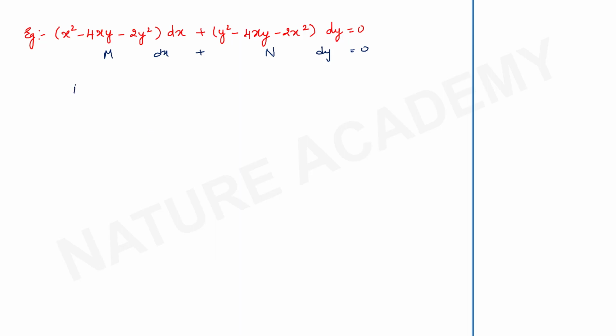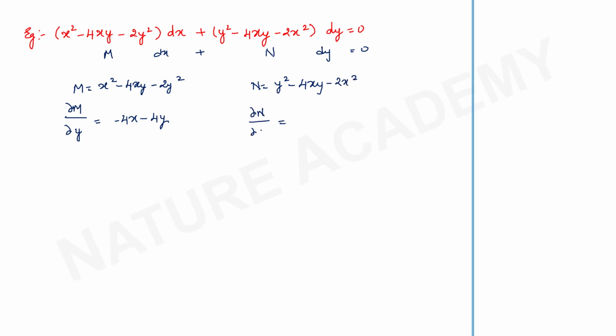Here we have M is equal to x² minus 4xy minus 2y². So ∂M/∂y will be equal to minus 4x minus 4y. And we have N is equal to y² minus 4xy minus 2x².